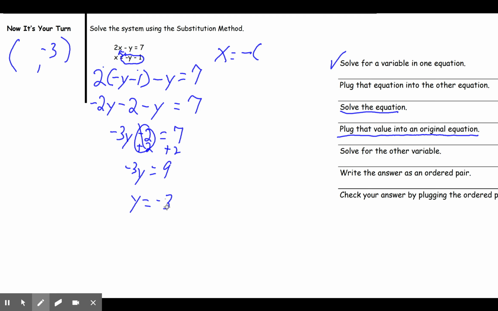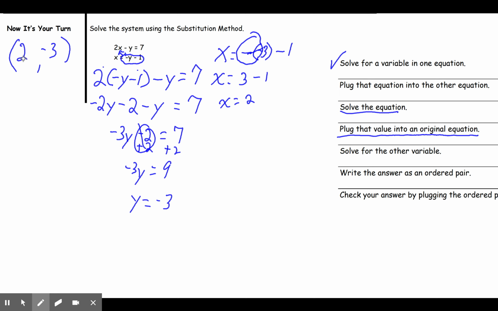Negative y, and y is a negative 3, minus 1. So paying close attention to those signs there, a negative makes that into a positive. So that's a positive 3 minus 1. That means x would be equal to 2.